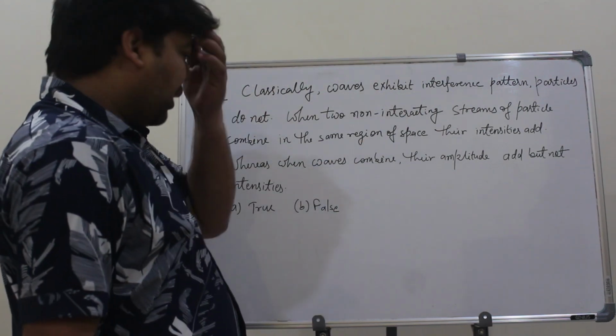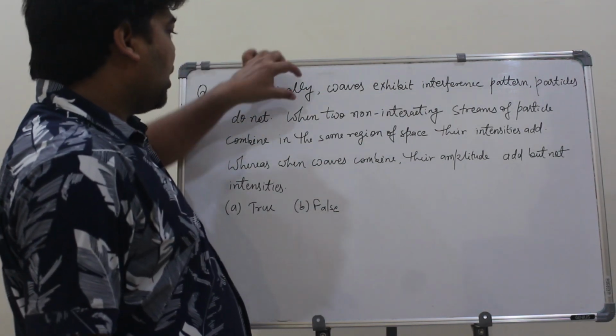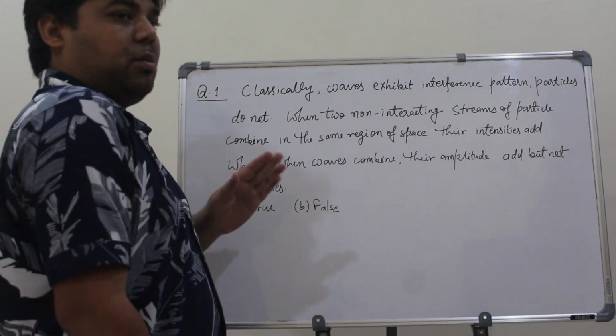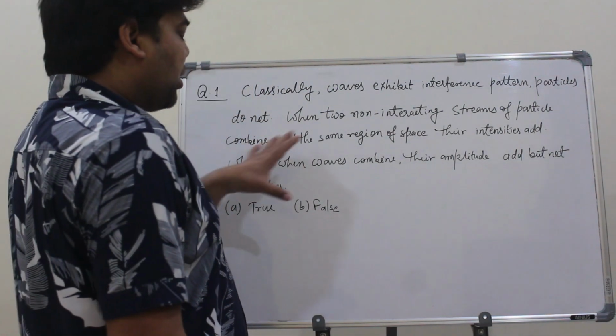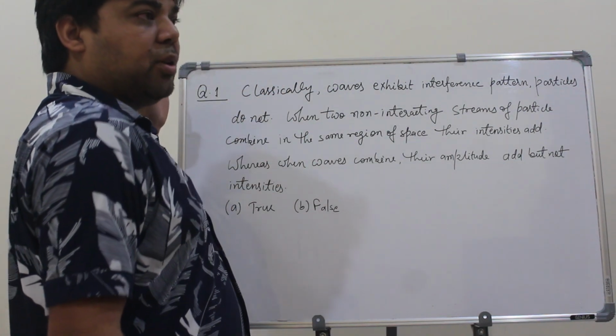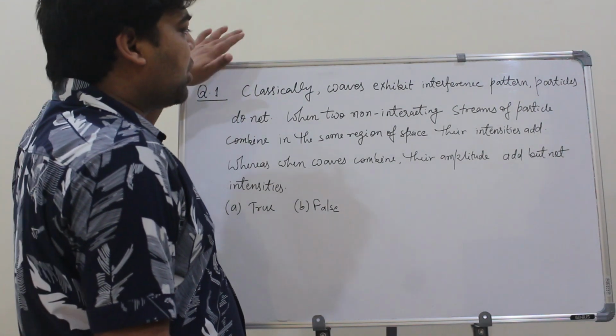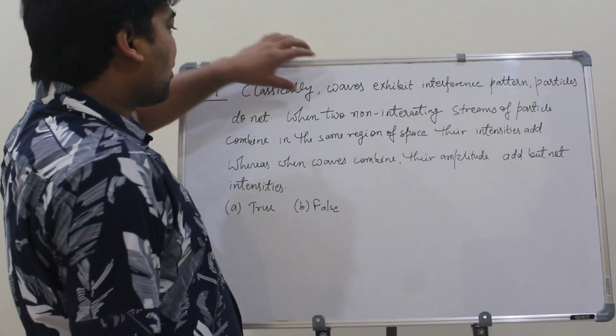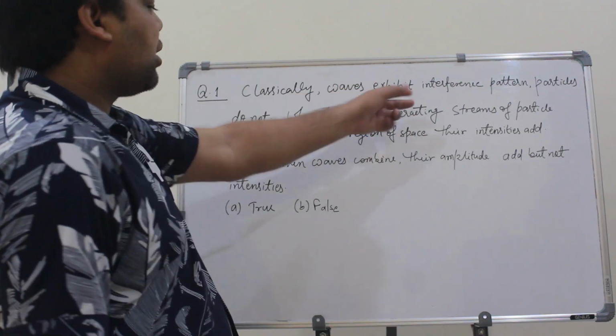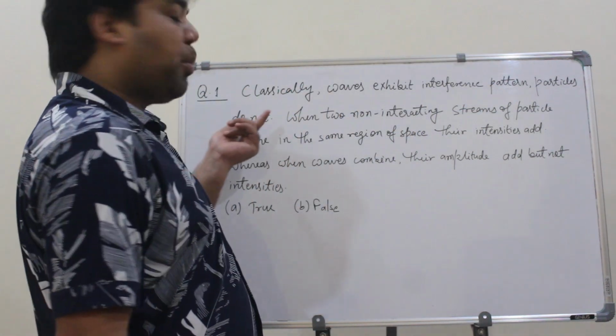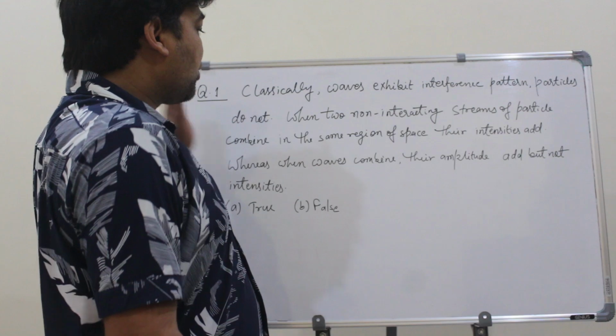What does it say? That classically means you are taking it outside the Planck's region, from where the quantum behavior starts. So classically, waves exhibit interference patterns and particles do not. Obviously, that is true.